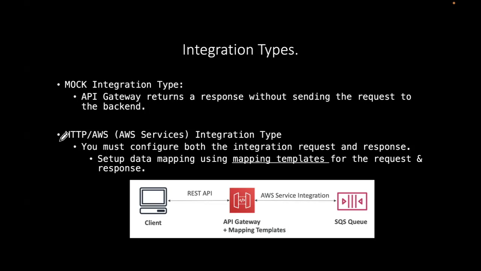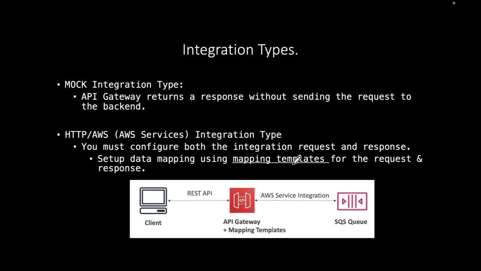The next type of integration, now, unfortunately, when you read up about these integrations, there are different names given to them, which is unfortunate. And even AWS's own documentation is a little bit inconsistent. So I'm going to call it the HTTP AWS integration. It's also referred to as the AWS services integration. And the idea here is that what you have to do as the developer of your web API is write what are called mapping templates.